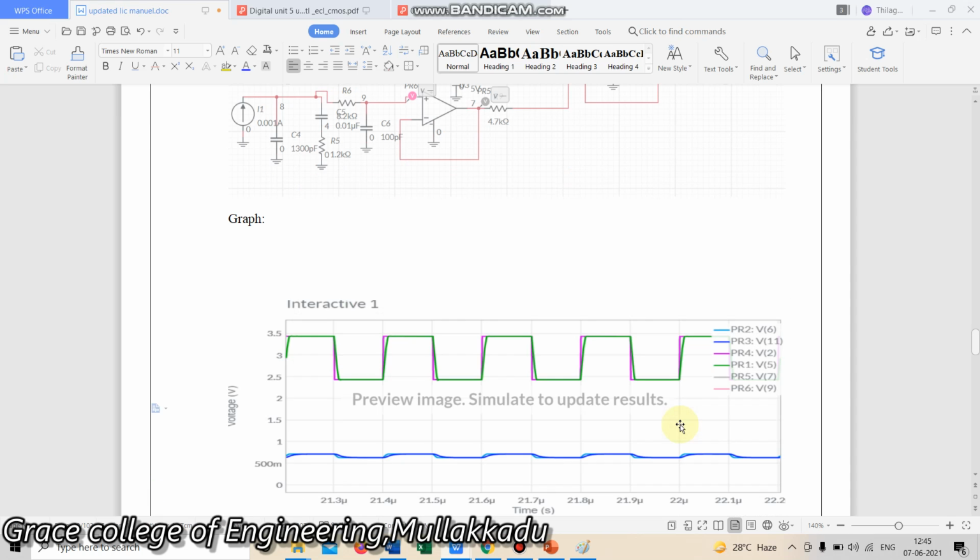This is the graph for the PLL using operational amplifiers. Here is the voltage controlled oscillator frequency.